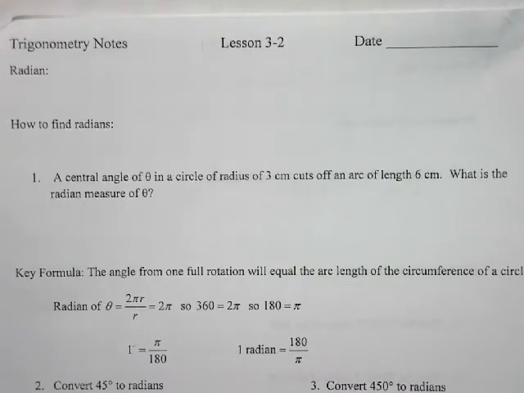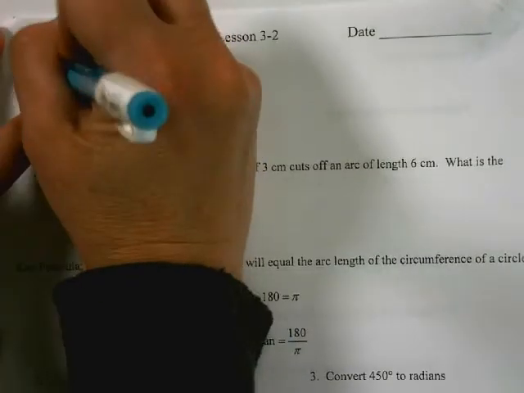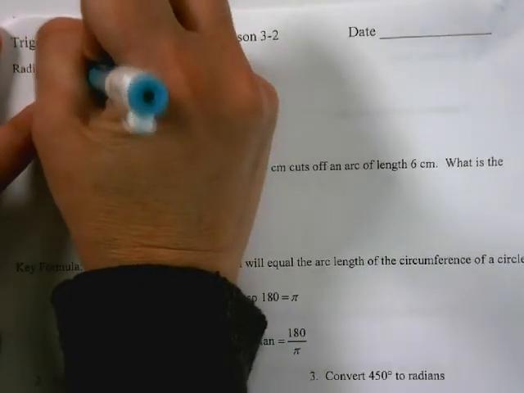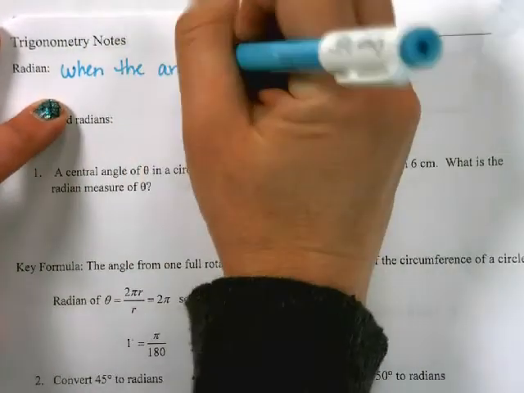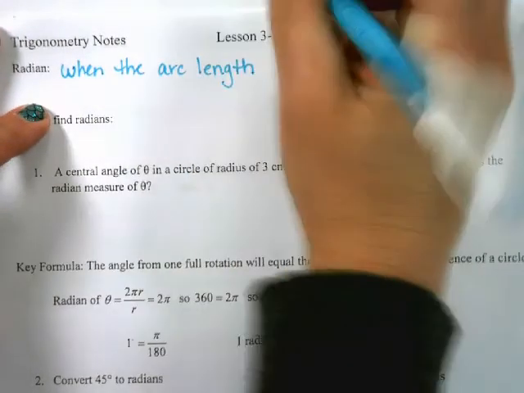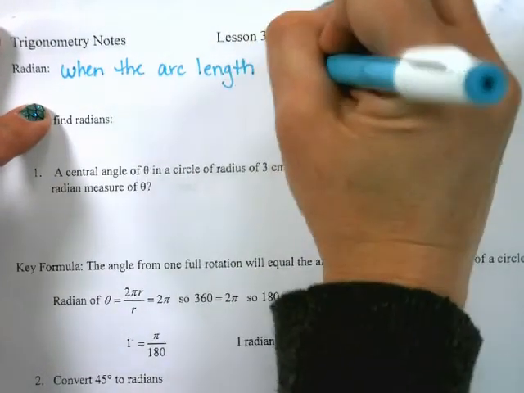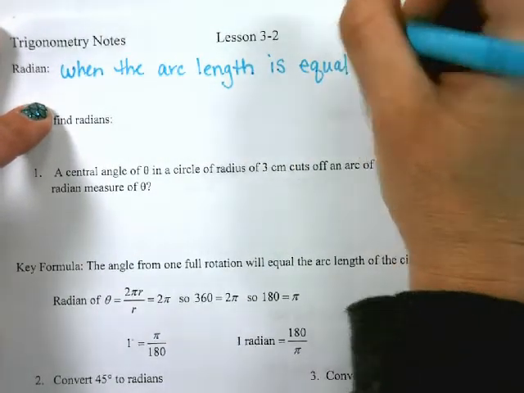Okay, so 3-2 starts out with the definition of a radian. A radian is when the arc length of a circle is equal to the radius of that circle.